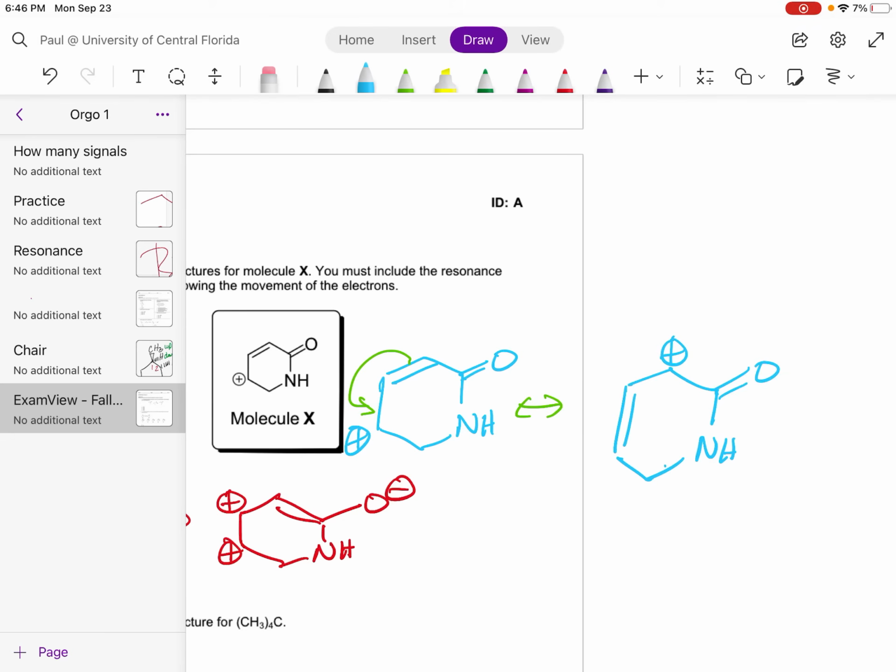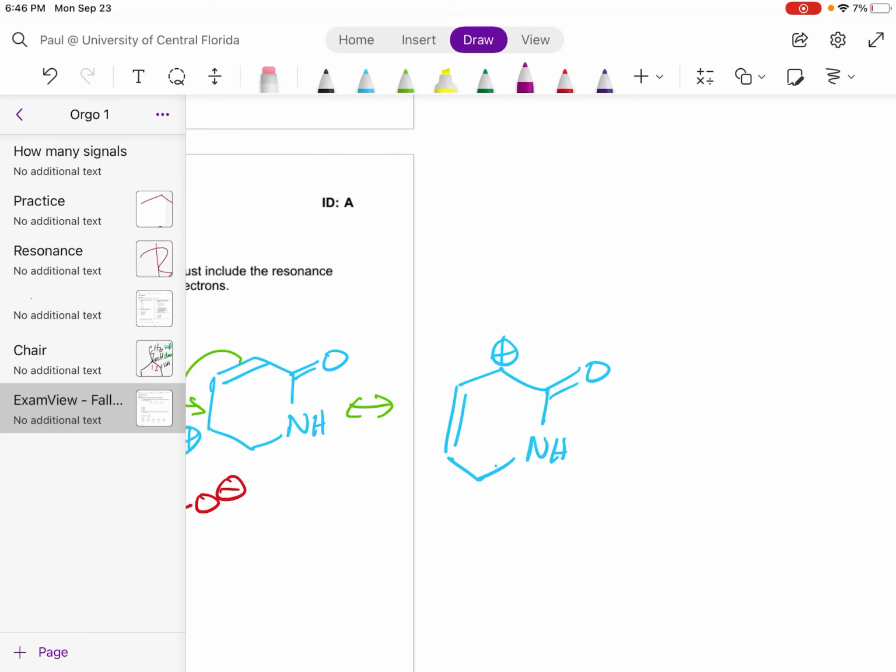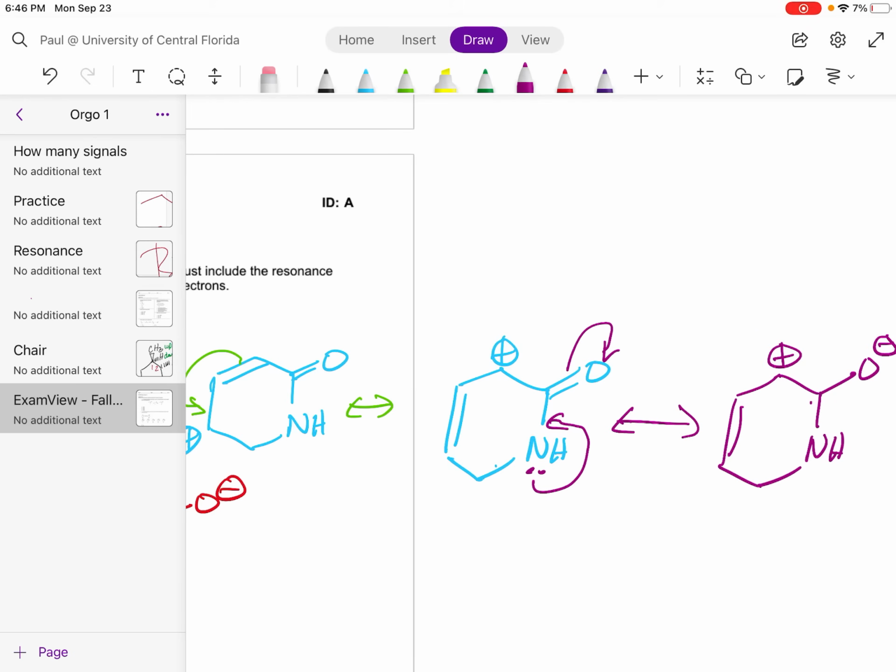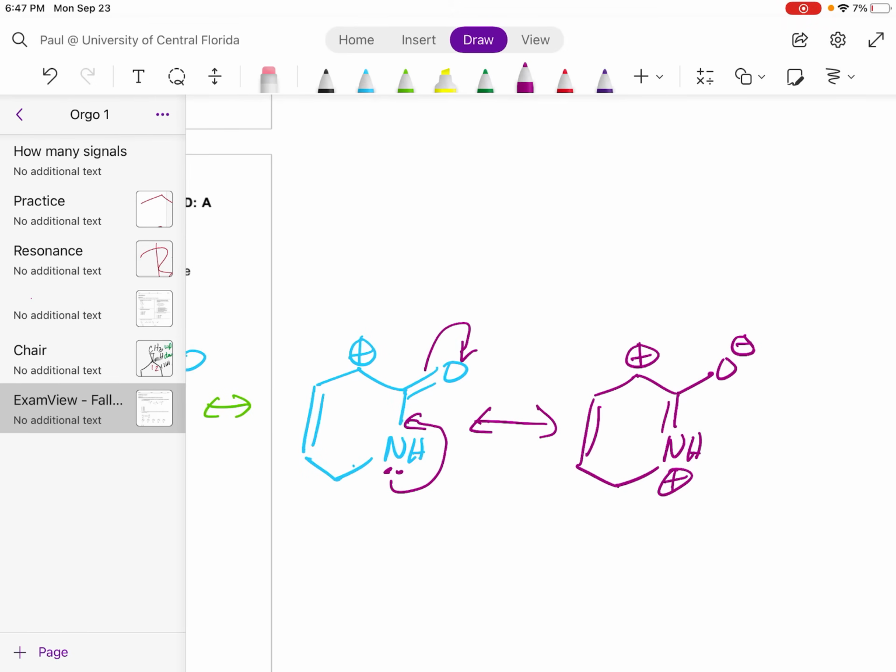That's valid. We could take this blue structure and work off of this one if we'd like. We know that we have a nitrogen here with a lone pair next to a double bond. That's a pattern that we've learned that can do some resonance. And so we could draw something like this. O minus. Plus charge is still there. So that's still valid.